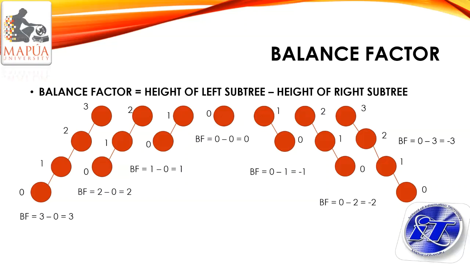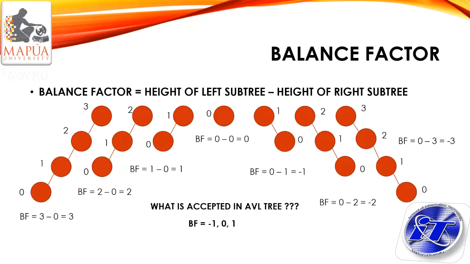So if you still remember, on my previous slide, what is the AVL tree acceptable balance factor? It is 1, 0, and negative 1. All nodes in a binary tree should have this balance factor, negative 1, 0, and 1.